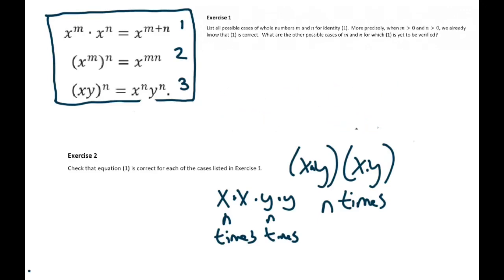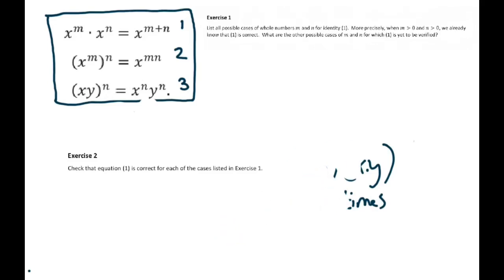Now let's go over example 1 briefly. Exercise 1 in your workbook. And you'll also find that this chart is in your workbook too with the laws of exponents there. Exercise 1. List all possible cases of whole numbers m and n for identity 1. So identity 1 is this identity right here.